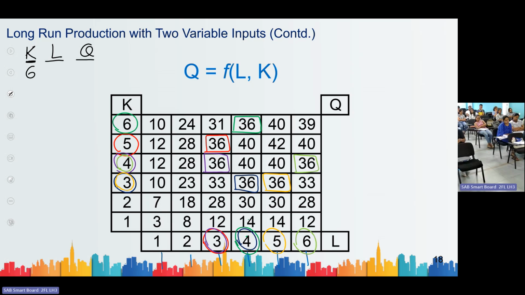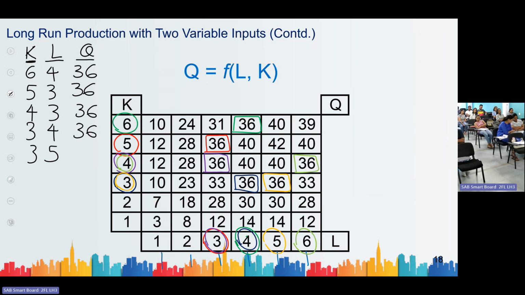6 units of capital and 4 units of labor, output will be 36. 5 units of capital and 3 units of labor, output will be 36. 4 units of capital and 3 units of labor, output will be 36. 3 units of capital and 4 units of labor, output will be 36. 3 units of capital and 5 units of labor, output will be 36. 4 units of capital and 6 units of labor, output will be 36.